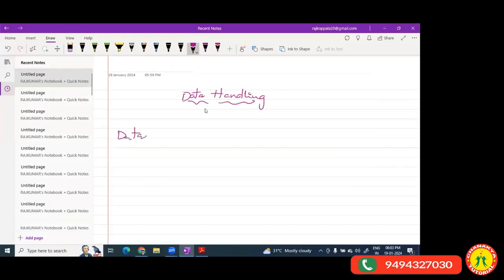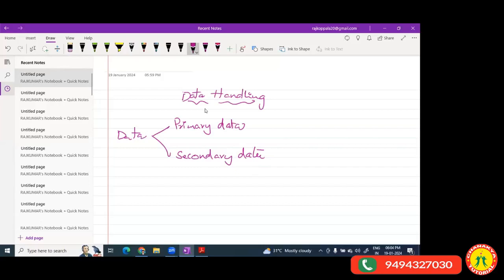One is primary data and the other is secondary data. Primary data means we collect the data from any source.